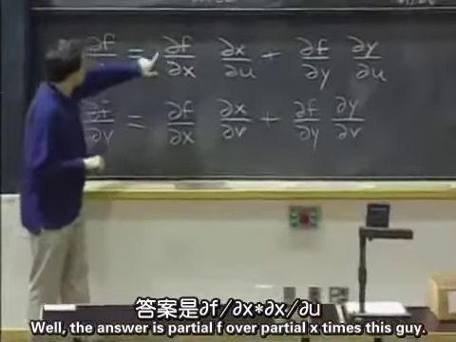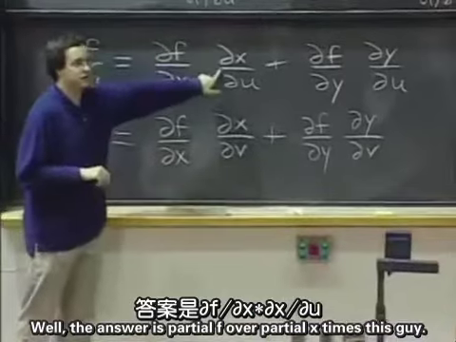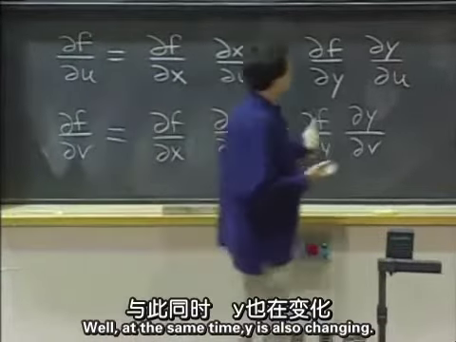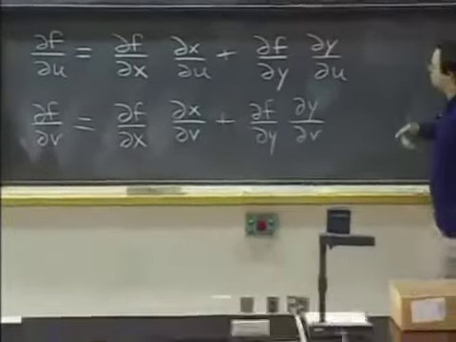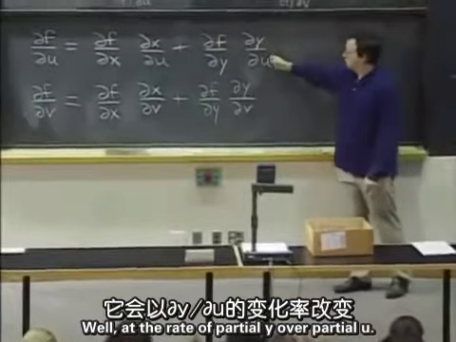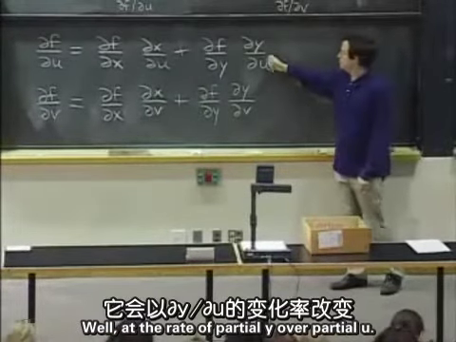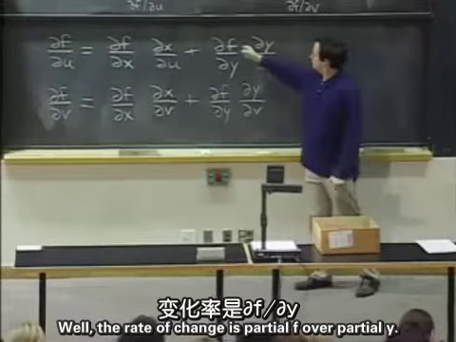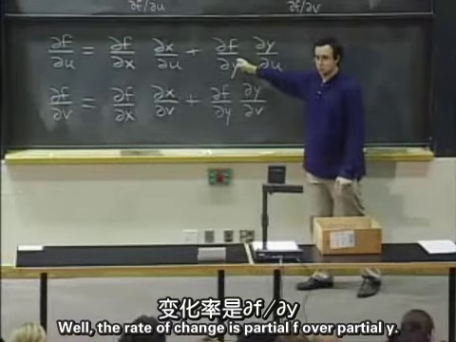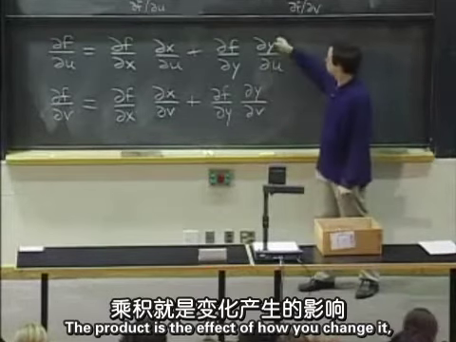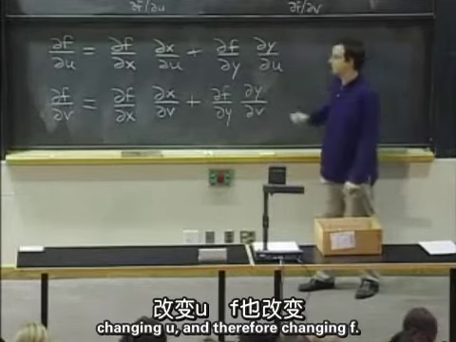Well, the answer is partial f partial x times this guy. At the same time, y is also changing. How fast is y changing if I change u? At the rate of partial y partial u. But now, if I change y, how does f change? The rate of change is partial f partial y. So the product is the effect of how u changes y and therefore changes f.